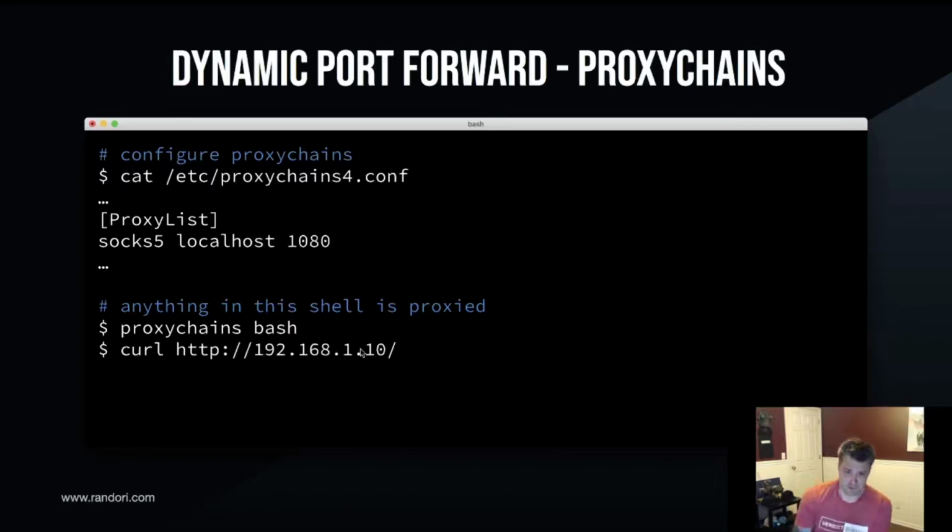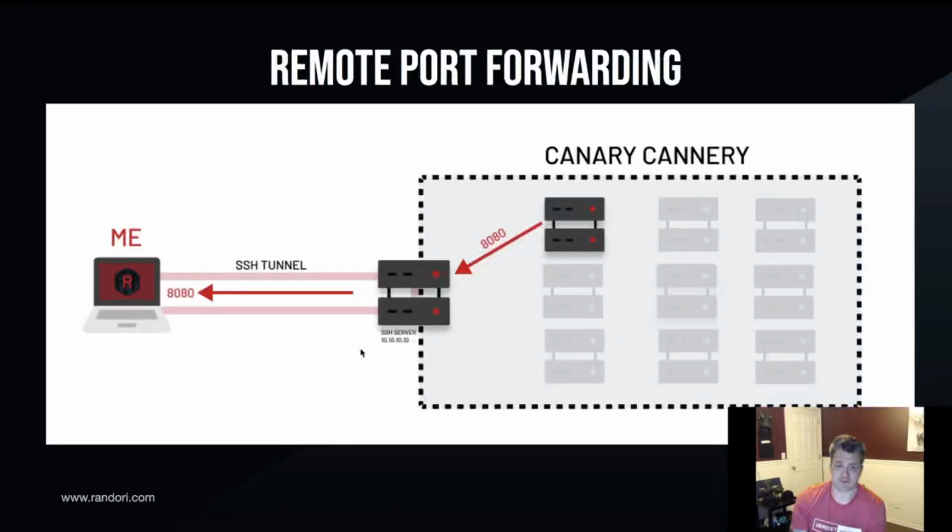So that's local forwarding and dynamic port forwarding. That's pretty neat, but maybe say I need to get outside. So let's say this time I'm actually inside of Canary Cannery. Maybe I phished someone and I have access to this server here on the right. And they have really good egress filtering, so I can't actually get to the internet, and I'm just completely blocked here.